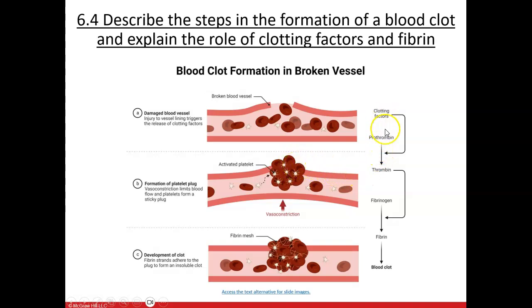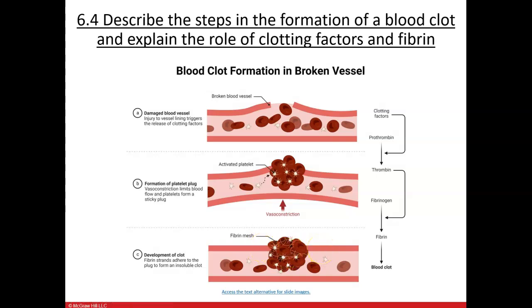You can see that these clotting factors trigger this whole cascade of steps, but ultimately it causes the formation of little fibers in the blood called fibrin. Here they're showing you these platelets making these little fibers, and that's going to hold this blood clot together, and it's going to seal up the hole in the blood vessel.